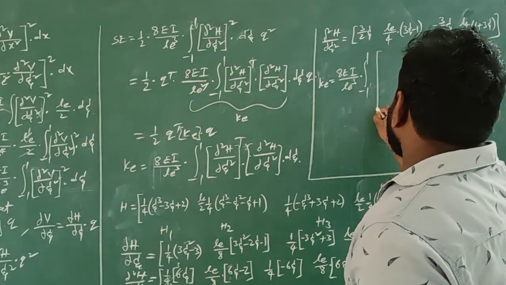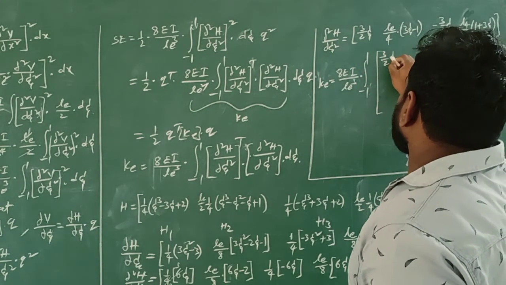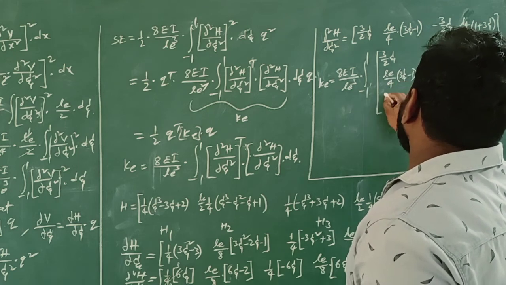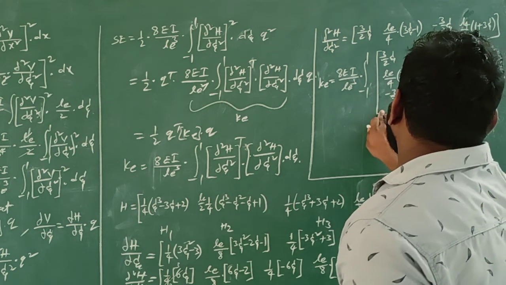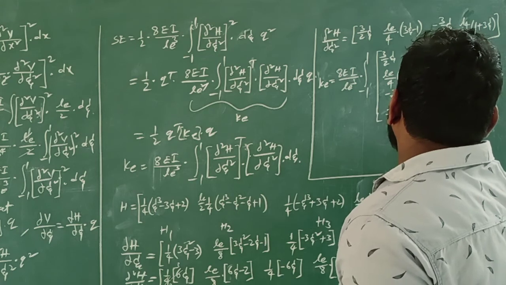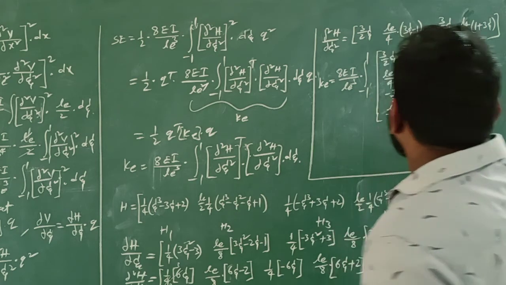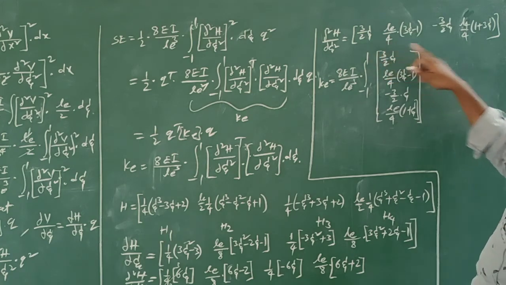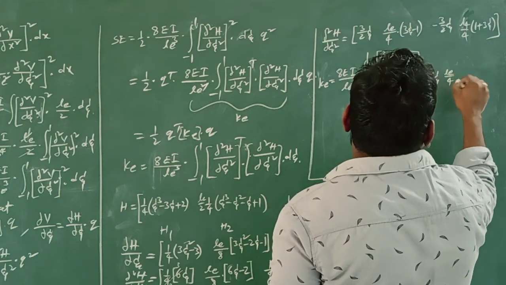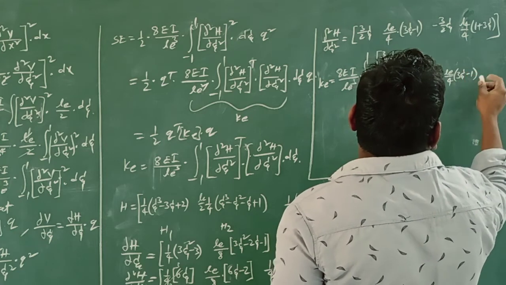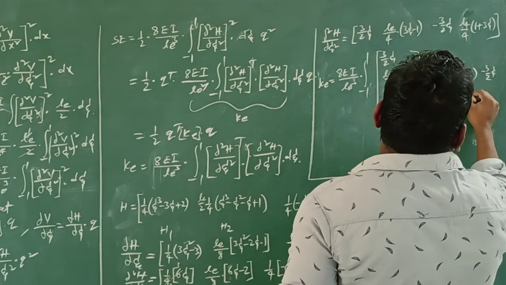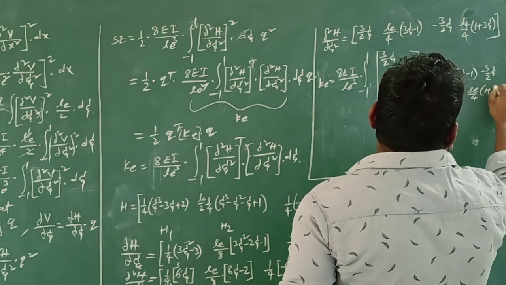This equation becomes 3 by 2j, Le by 4 into 3j minus 1, minus 3 by 2j, Le by 4 into 1 plus 3j.